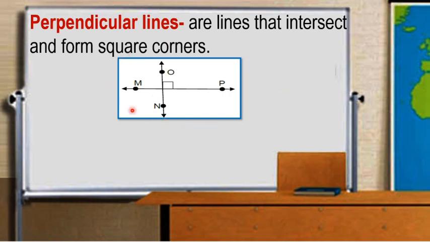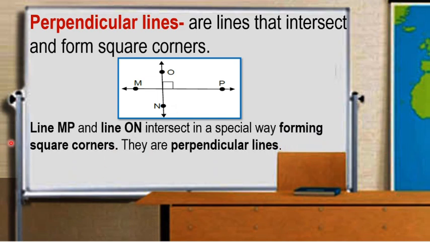Try to observe what you notice. Correct, they intersect and form square corners. So, one square corner, below it another square corner, and then on the other side, another square corner, and then above, another square corner. So, this is perpendicular line.